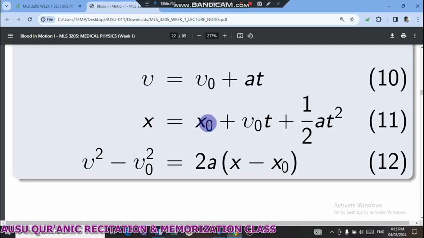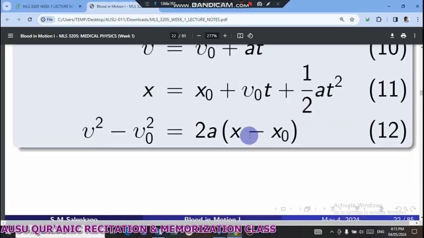This means if I am using this one, I am not trying to find the displacement. Displacement is delta x, but x alone is the final position, equal to the initial position plus v naught t plus half at squared. And then final velocity squared minus initial velocity squared is equal to 2a.